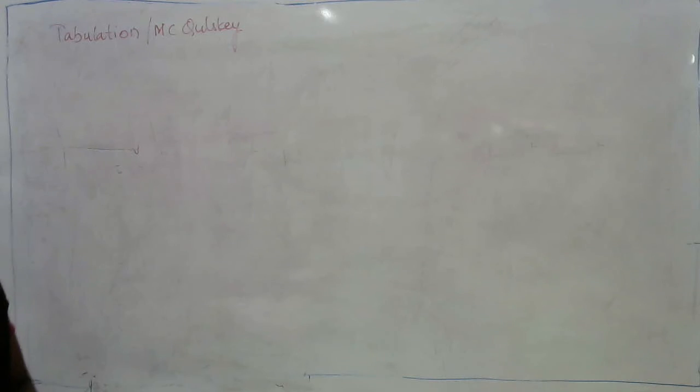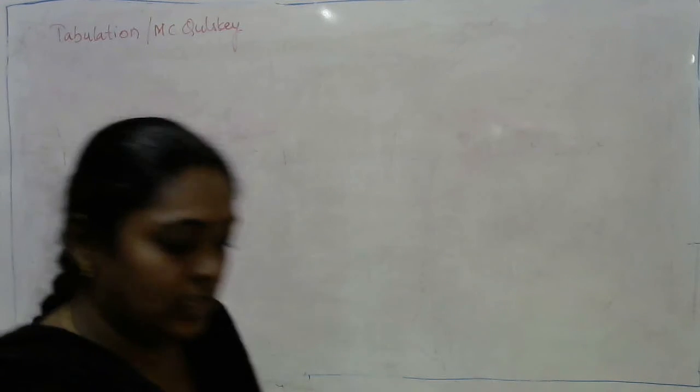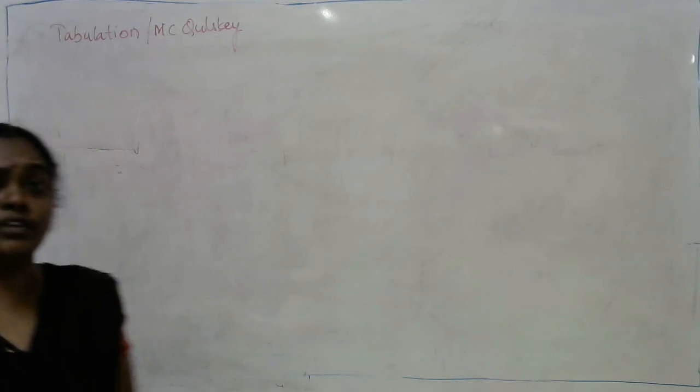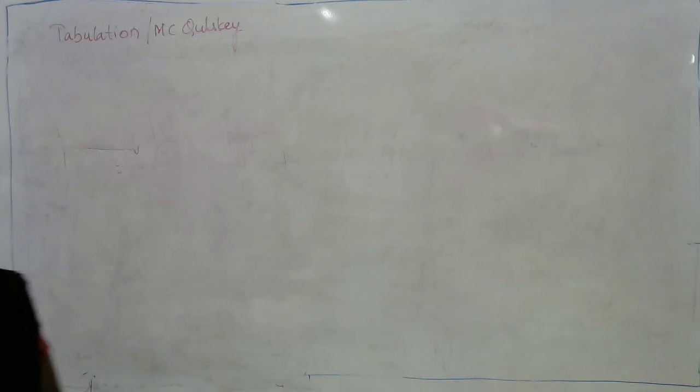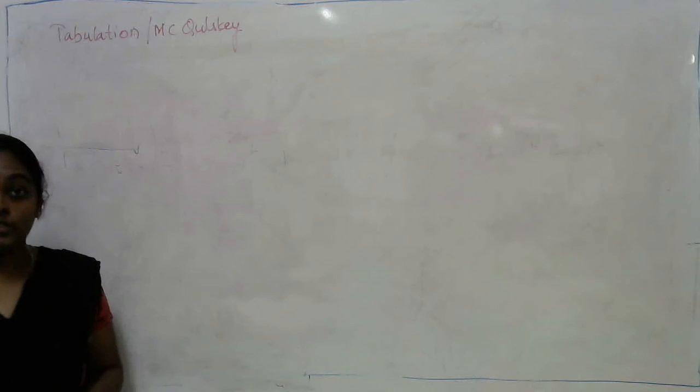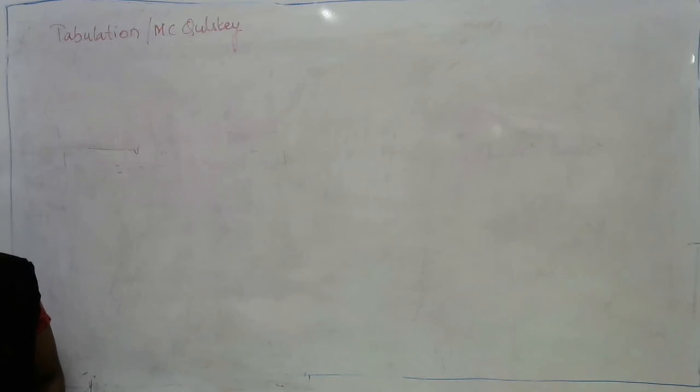So, what is the reason for going for this tabulation method? Till now we have seen how to simplify a given Boolean expression by using a K-map. But in K-map simplification, if the number of variables increases, the number of cells required also increases.